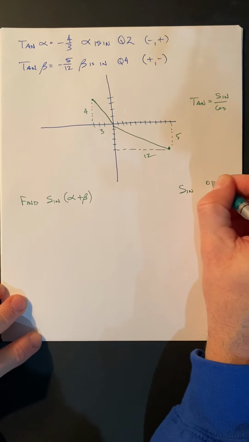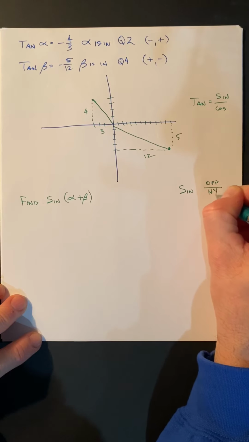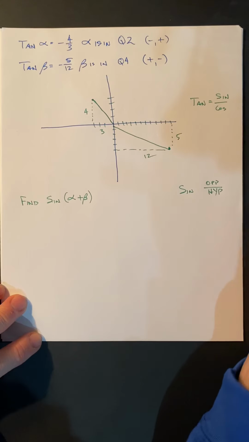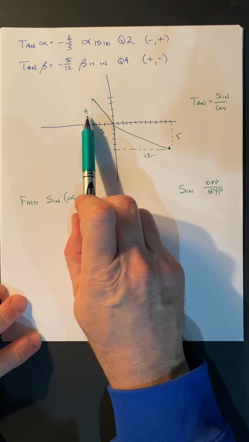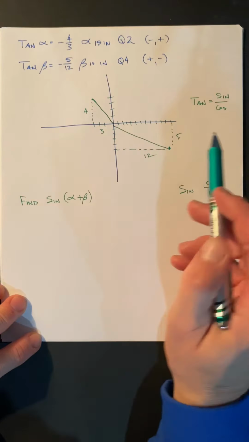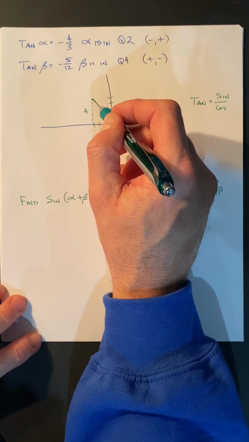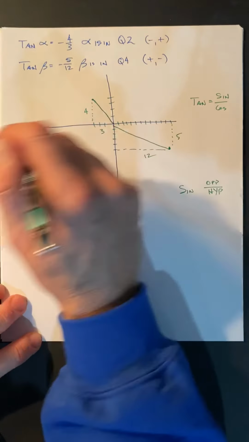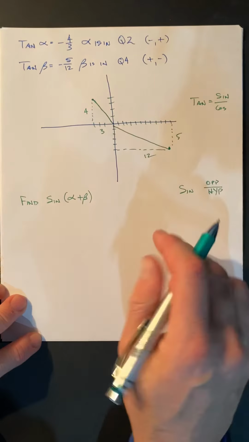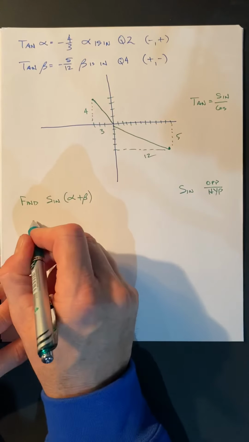Sine is opposite over hypotenuse, right? Well, I've got the opposite sides for these angles, okay? But what I don't have is the hypotenuse. So I have to go about and do some good old Pythagoras, okay? So here's a side, and here's the hypotenuse.